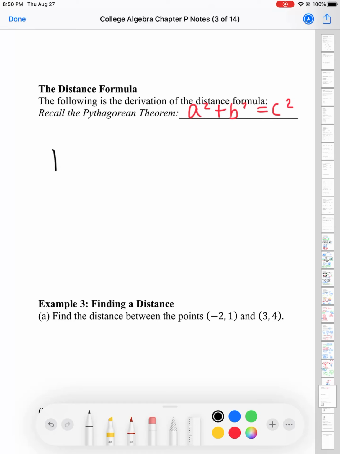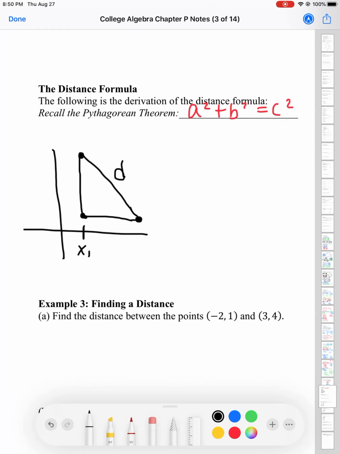If I have a right triangle whose hypotenuse I'm going to call d, this can be x1, this is going to be x2, this is going to be y2, and this is going to be y1.